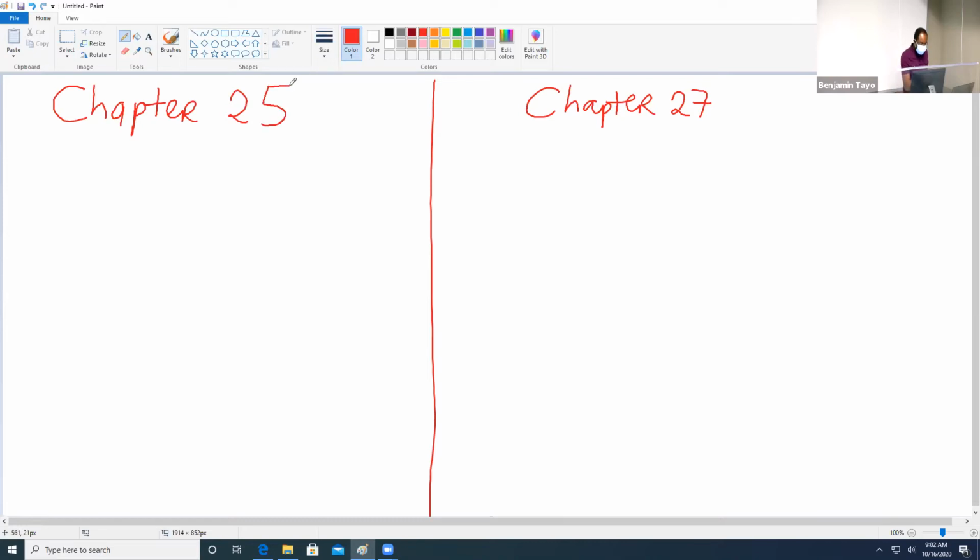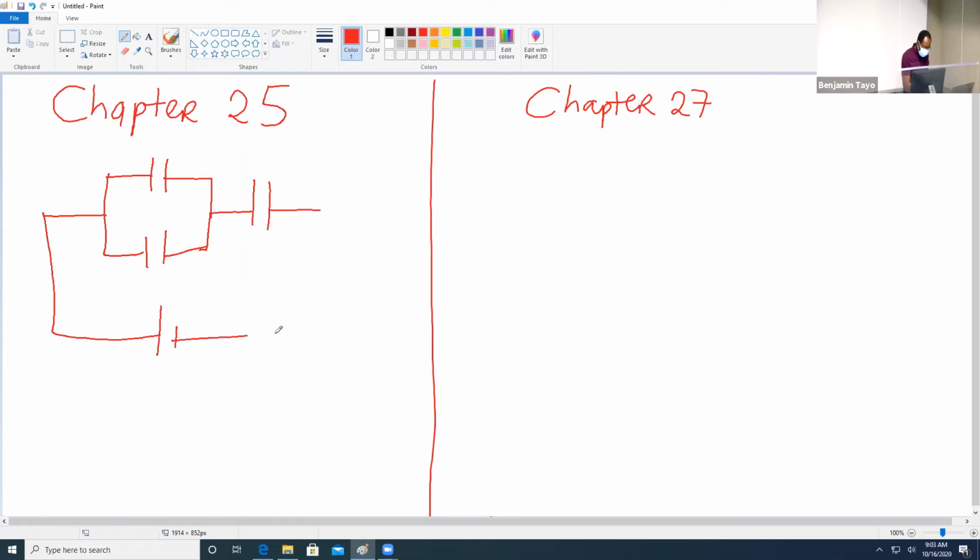Now, if you remember in chapter number 25, we looked at this type of problem where you can have, for example, a capacitor here. All of this is connected to some supply.